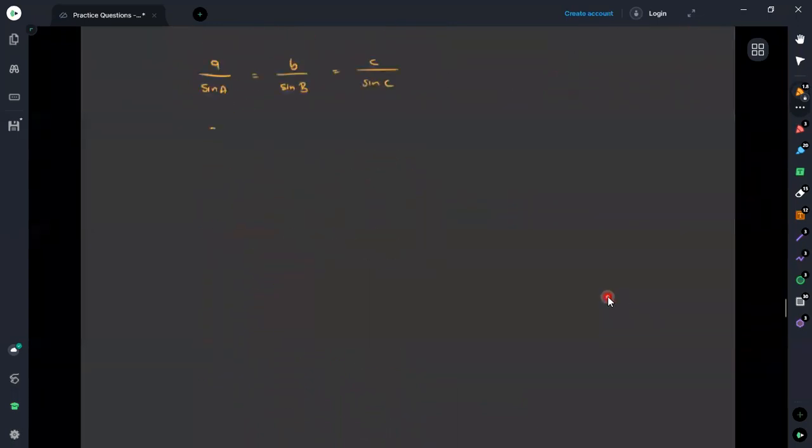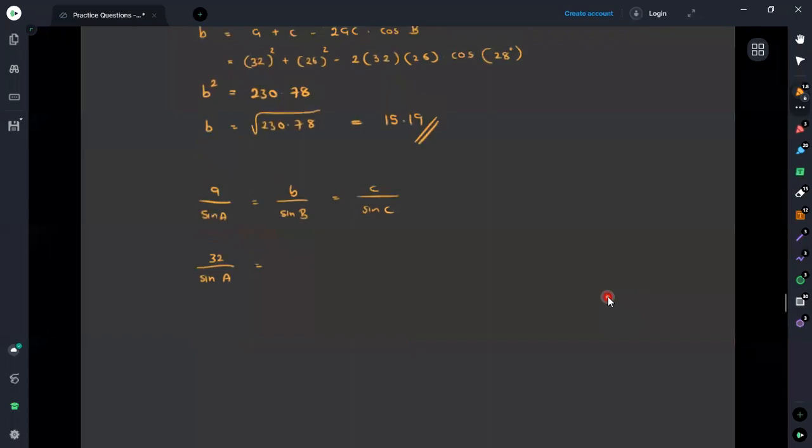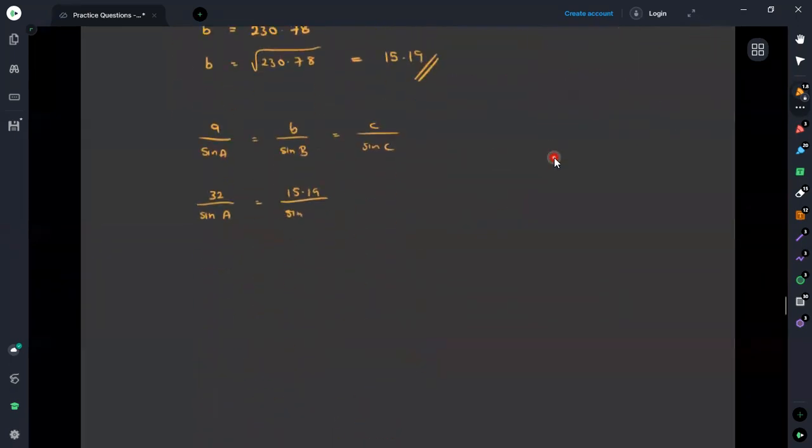Still, we do not know the angle A. We have already found the value for B, it is 15.19, which we divide by the sine of B. B is given as 28 degrees, so we can take the sine value of that.